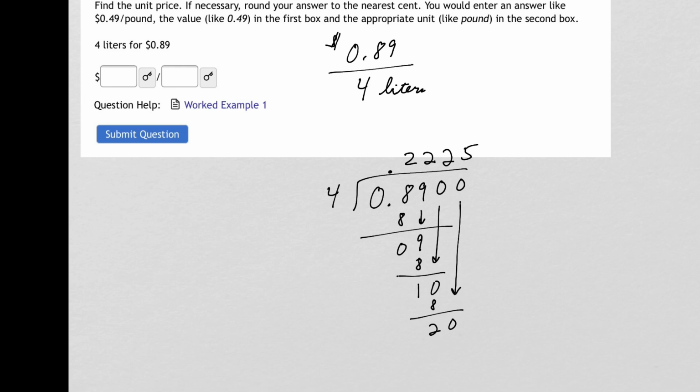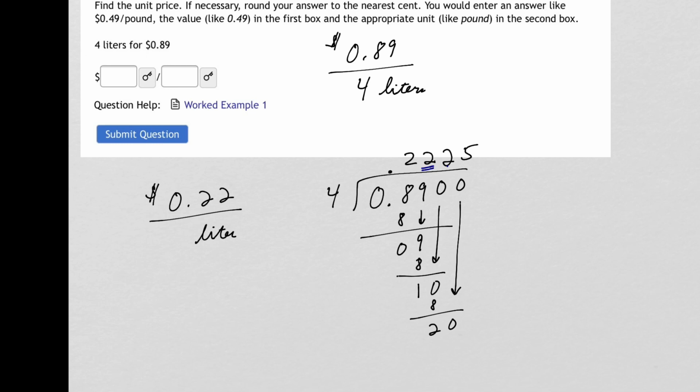Okay. But again, if I'm going to round to the nearest cent, right? Remember, in dollars, the hundredths place is the nearest cent. So if we look to the right, that's less than 5, the 2. So that's going to stay at 2. So the answer here is going to be $0.22 per liter.